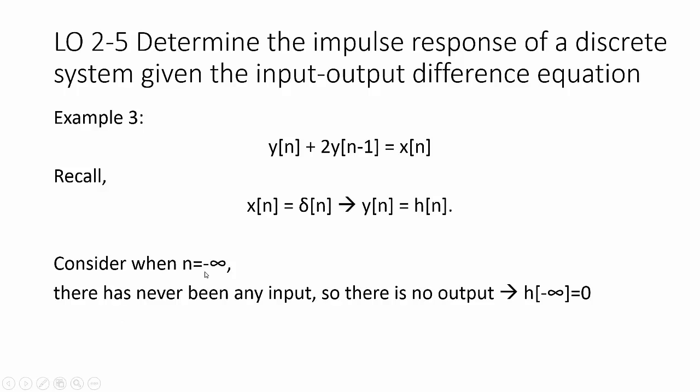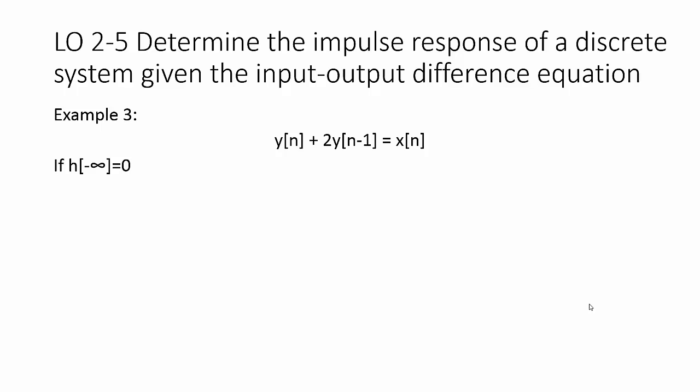So all the way back to negative infinity, unless we have a very acausal system, there's never been any input. So we know that there's therefore no output, and we know that our impulse response at time negative infinity is 0. This is called the initial rest condition.